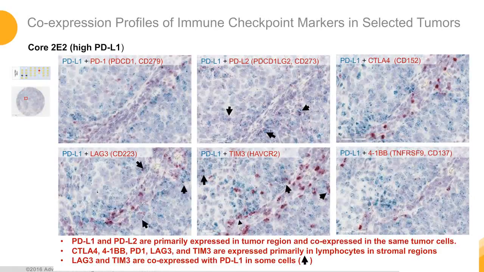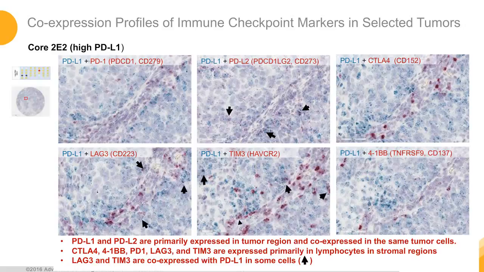In contrast, we have co-expression snapshot of core 2E2 here, which showed high overall PD-L1 expression. From this serial sectioned tumor region, we observe that PD-L1 is shown in teal, while all other markers are shown in red.